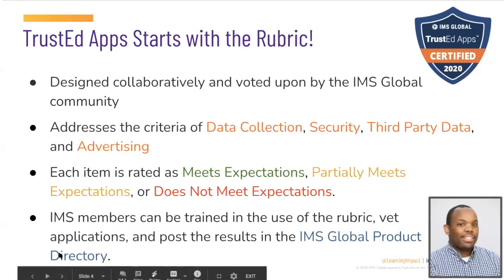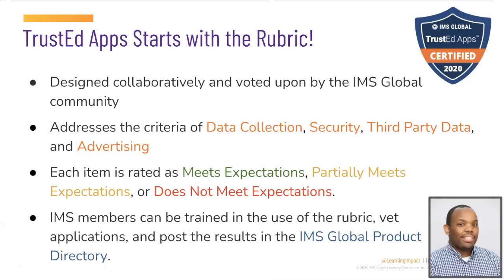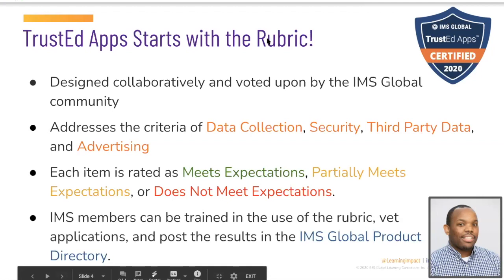So, like I stated a few seconds ago, it always starts with the rubric. The rubric took about 3 years to make and to get to a good place. This rubric was designed in collaboration with K-12 leaders across the nation, all IMS members.